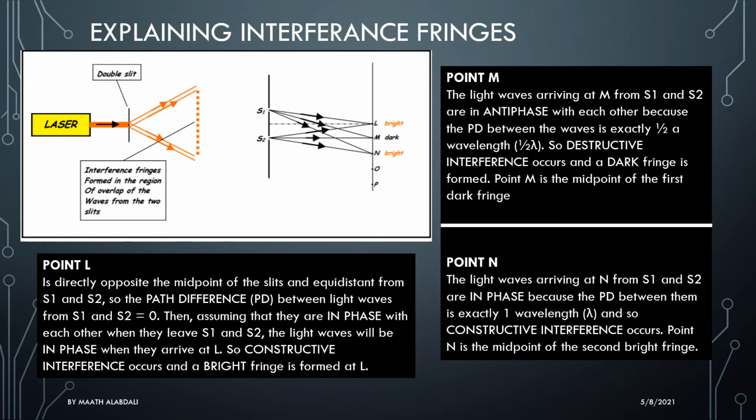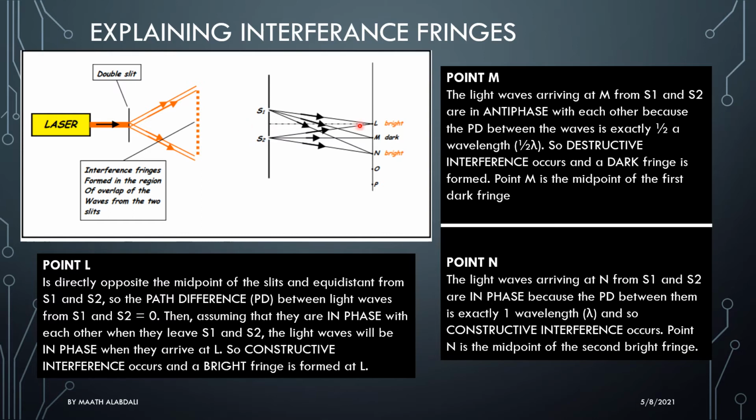Explaining interference fringes. If you look at point L first, this is a bright fringe and dark fringe. I explained in the previous slide that they produce interference fringes. Interference fringes can be bright or dark, and at point L, it's a bright fringe because it is constructive interference, and it's directly in the middle between S1 and S2.